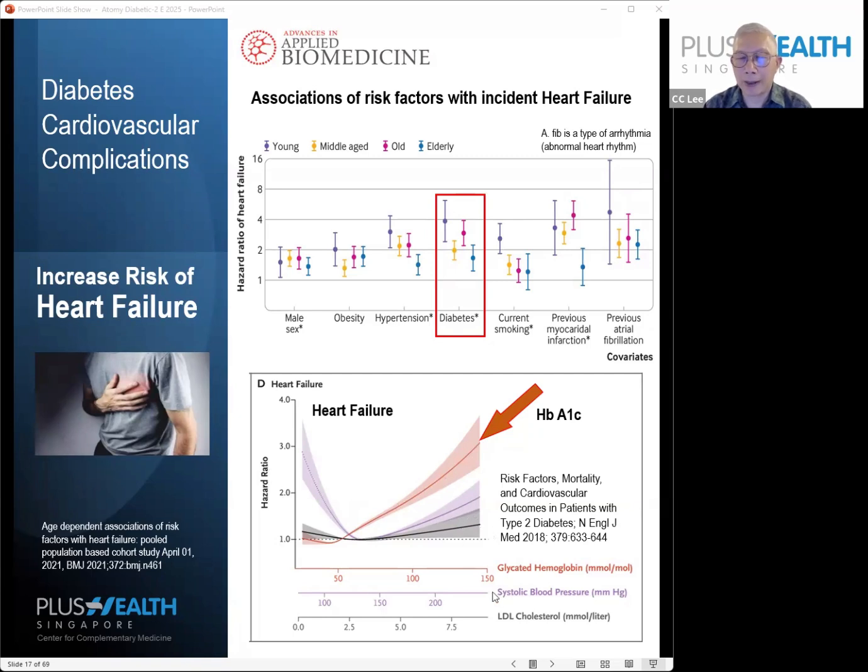So if you look at it, among high blood pressure, high cholesterol, and high blood glucose level, high blood glucose has the highest risk sensitivity and contributes the highest risk factor for heart failure. So therefore, for diabetic patients, one of the key complications to manage is heart failure, the prevention of the heart getting weaker and having heart failure.